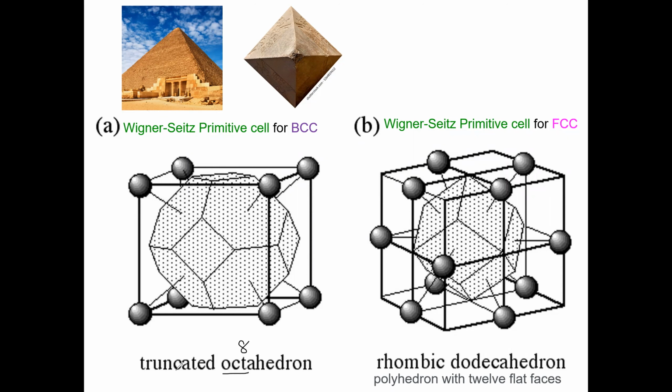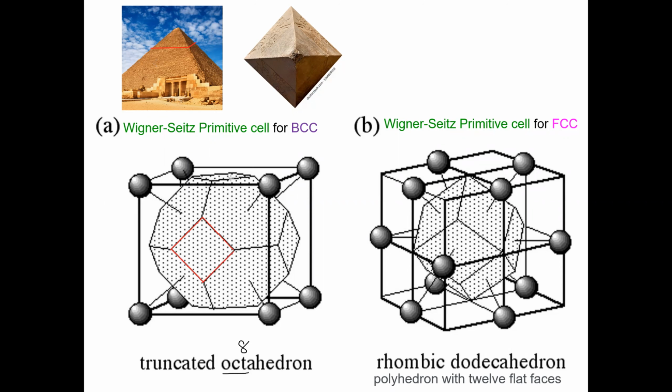Octahedron. But truncated means like at the peak, when you cut it, it builds up this shape. So when you cut the peak of the pyramid, you will end up with this shape. Same as here, above here.